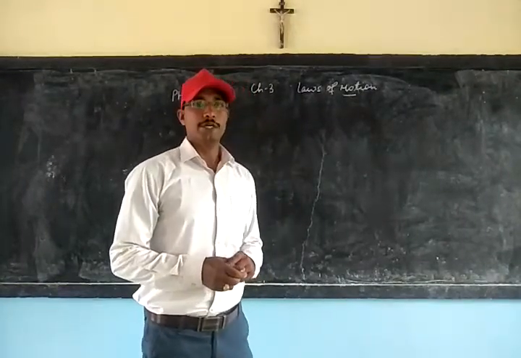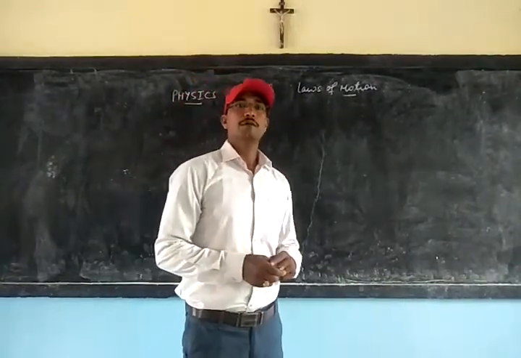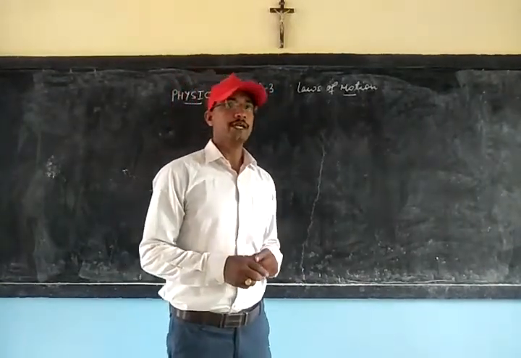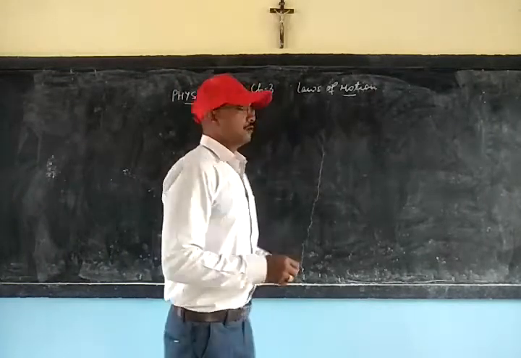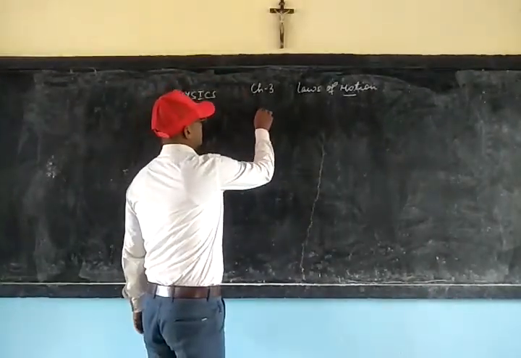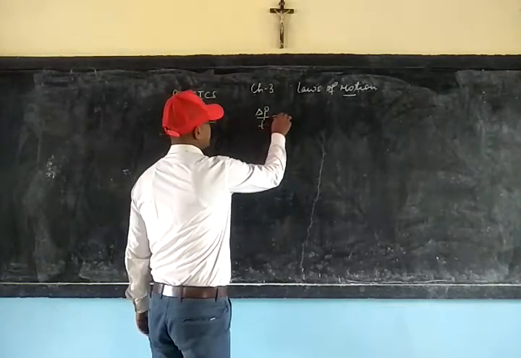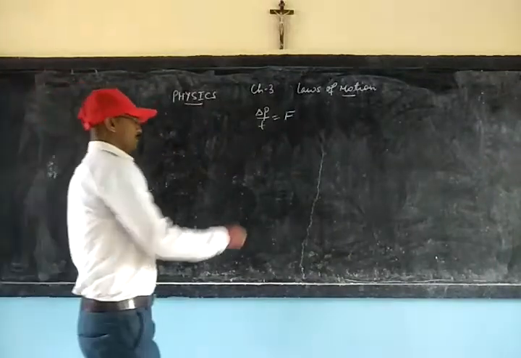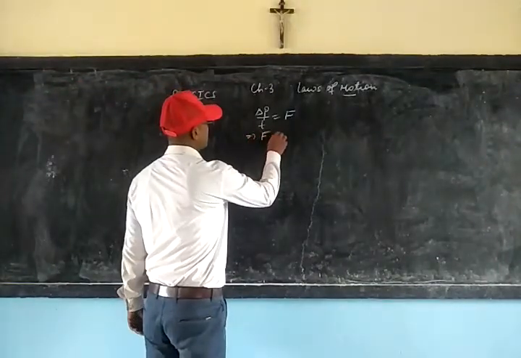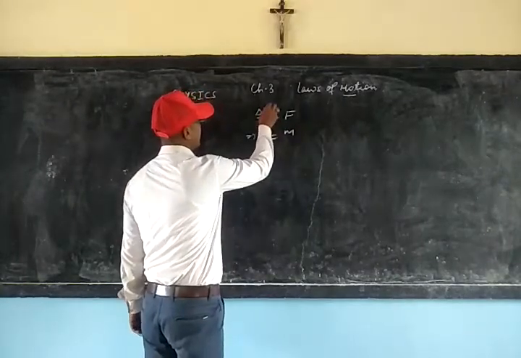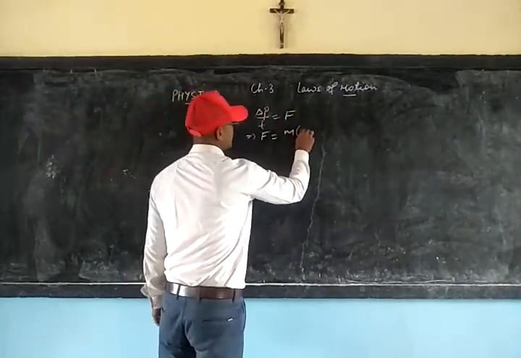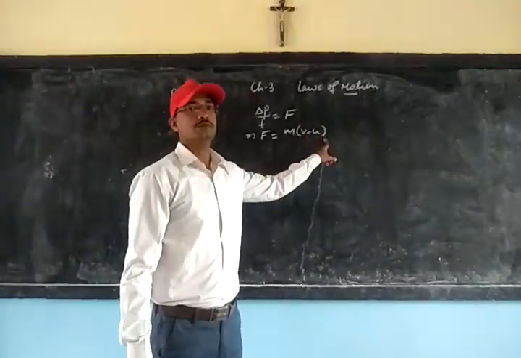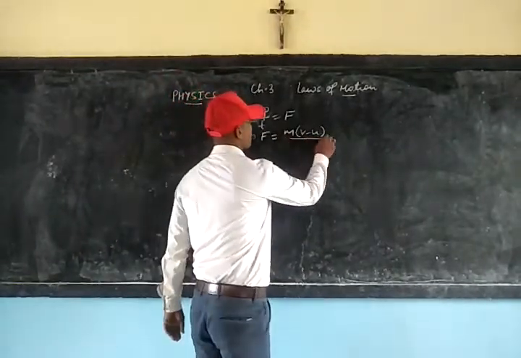Yesterday we studied the statement of Newton's second law of motion, and we reached an expression delta P by t is equal to F. That means F is equal to m, and delta P means change in momentum, which can be written as m(v minus u) upon t.